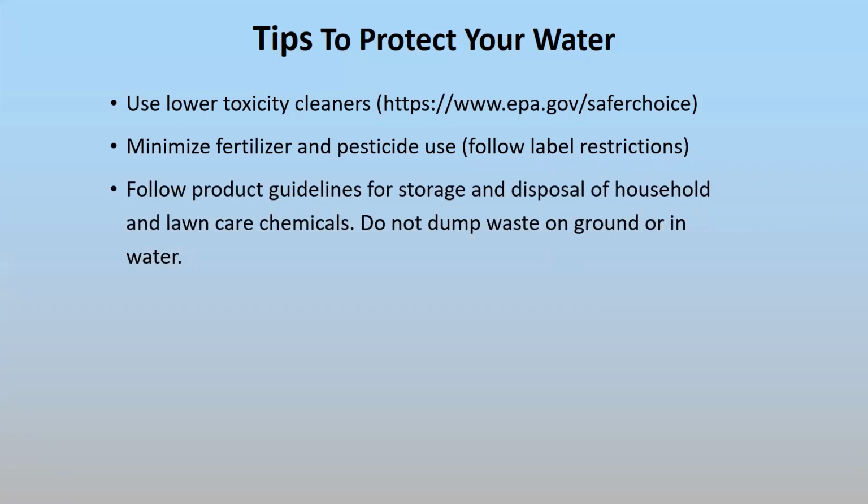Be sure that you're storing all chemicals properly, and if you have unused chemicals, be sure to recycle those properly. Do not dump those on the ground or in the water, because they will eventually reach groundwater.